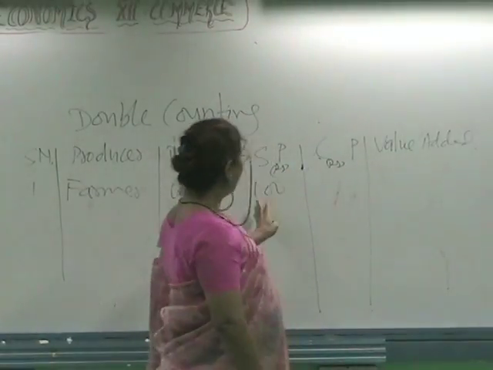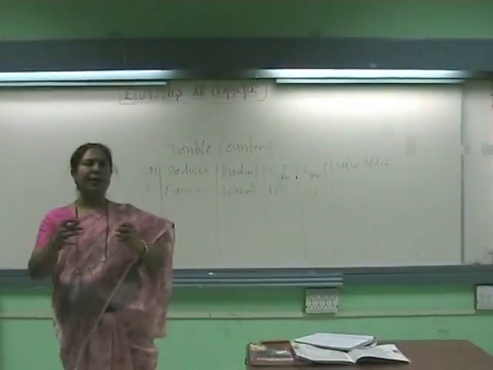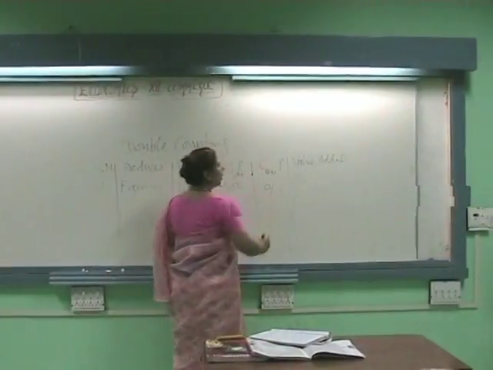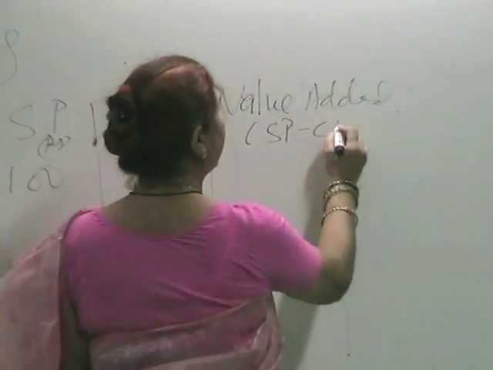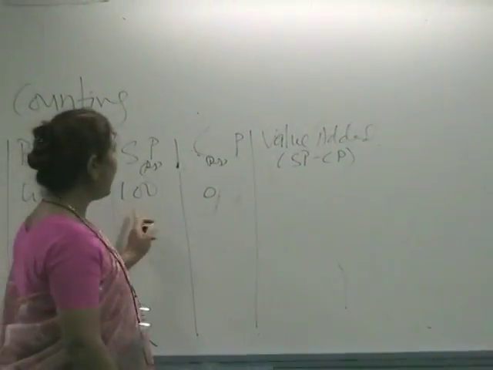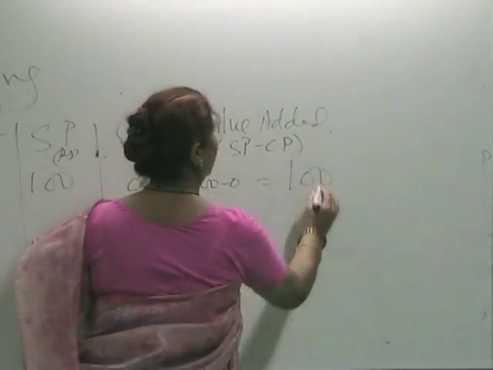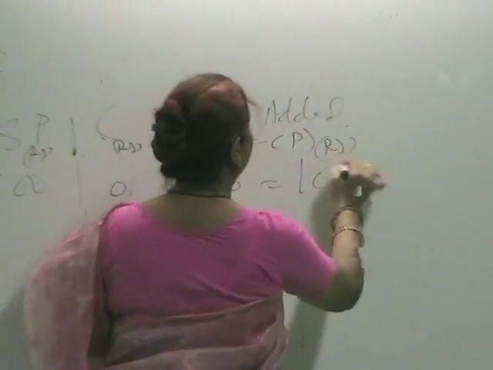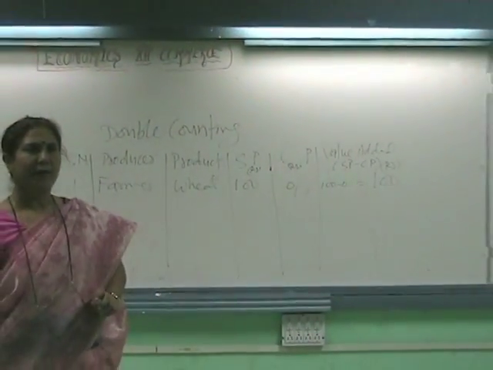Okay. Now, suppose he has not incurred any cost price. Cost price is 0. So we will find out value added by a very simple formula: selling price minus cost price. So 100 minus 0 is equal to 100. So in this step, the value added by the farmer is 100.